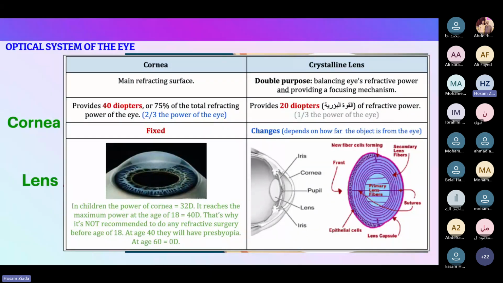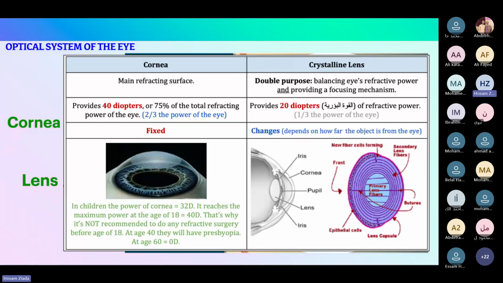So the power of the lens is different in different situations, because the lens depends on the accommodation power with ciliary contraction or ciliary relaxation. So the lens size is changeable, and because of that the surfaces will be in different modes. According to the mode, the power of the refraction will be different.